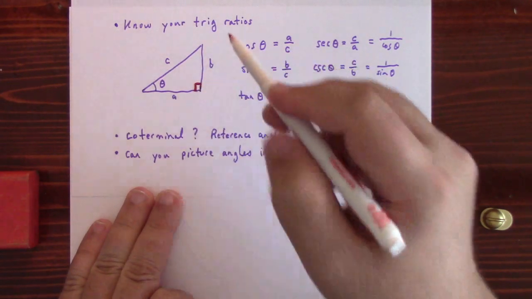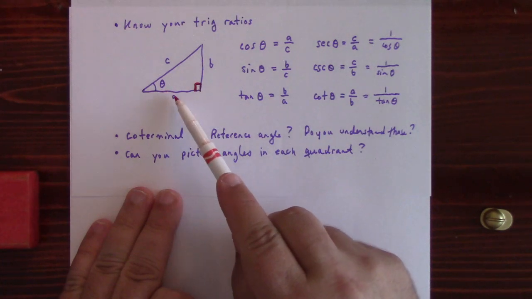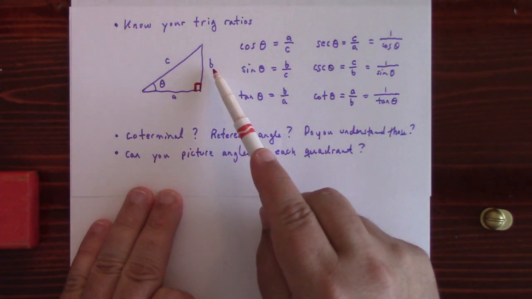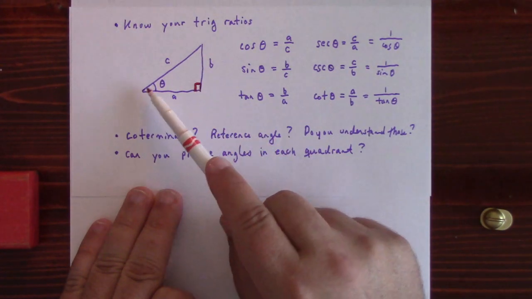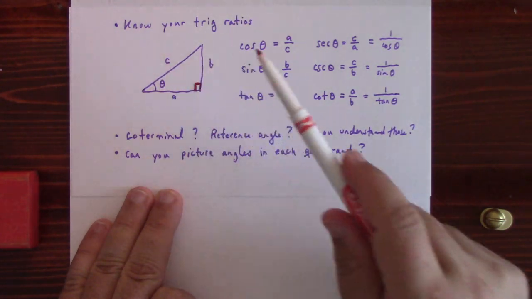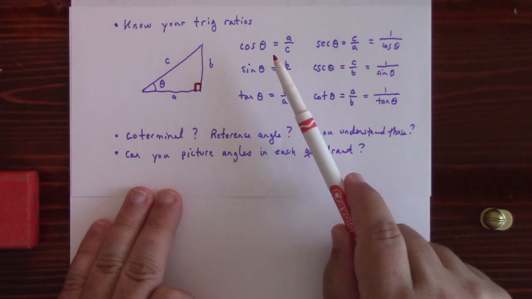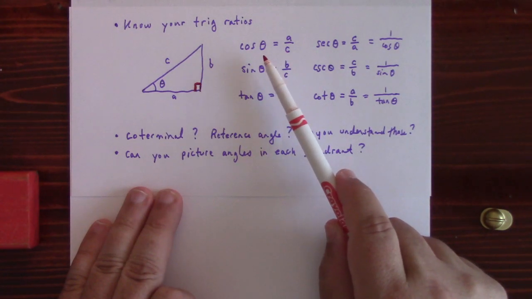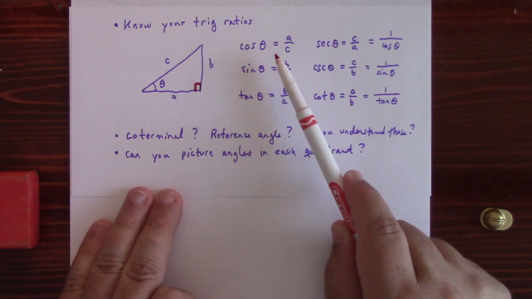So in a right triangle, you have the angle, the side adjacent to the angle, the side opposite to the angle, and of course the ever special hypotenuse, and so you can define your acute angle trigonometric ratios.